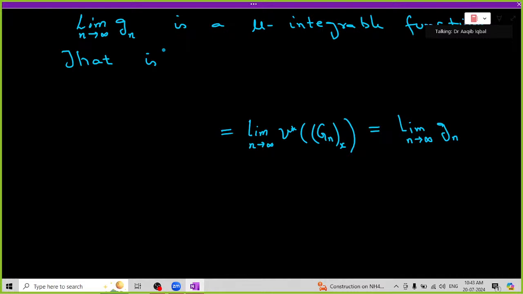So by inner limiting theorem, this is equal to, I can take limit inside, and taking limit inside actually amounts to taking nu star of the intersection. So it will be actually nu star of intersection.